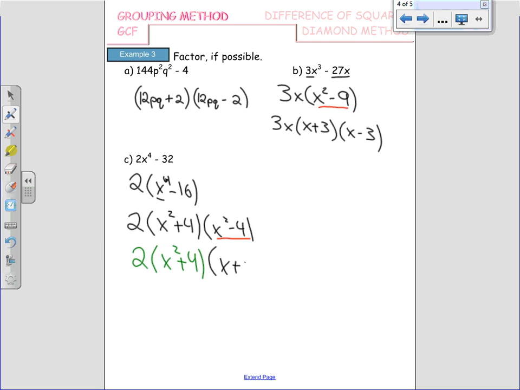Got it. That is going to be one of the trickier, bigger mark questions on a test. You always have to look at your result and see if you can factor it further. I hate when I have to write on a test, keep factoring, because I know you can do it, you just didn't see it. So always check that.